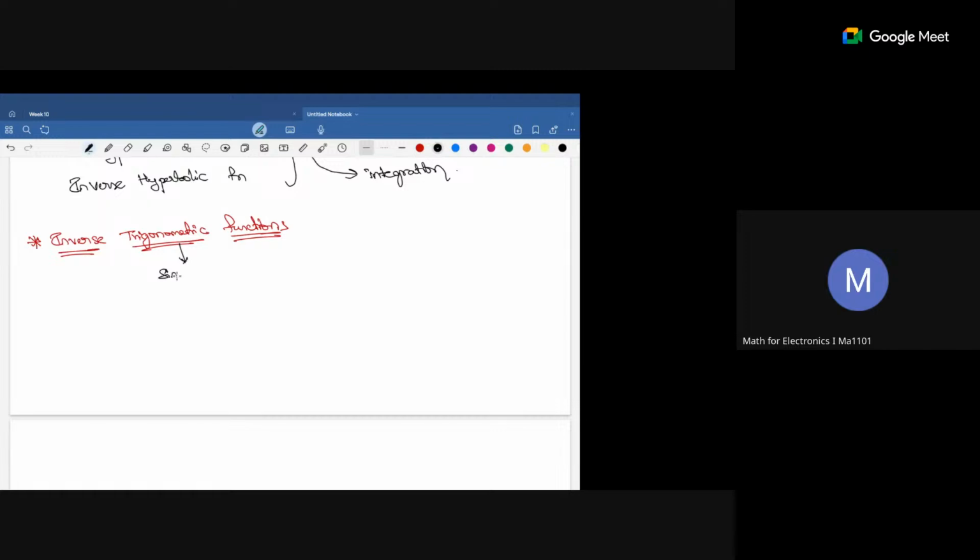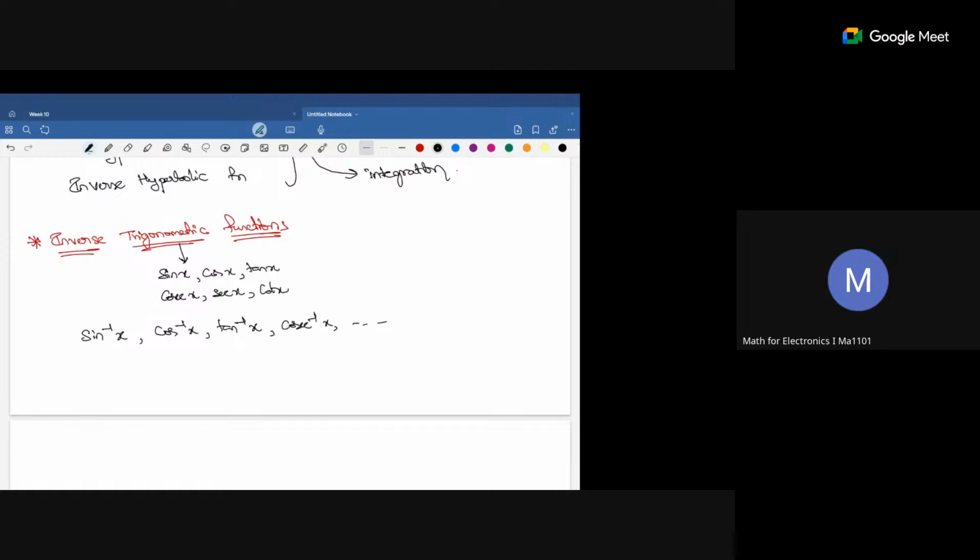Something like sin x, cos x, tan x, cosecant x, secant x, cot x. These are the trigonometric functions. Inverse trigonometric functions are just the inverses of these functions, like sine inverse of x, cos inverse of x, tan inverse of x, and the others, cosec inverse, and so on.